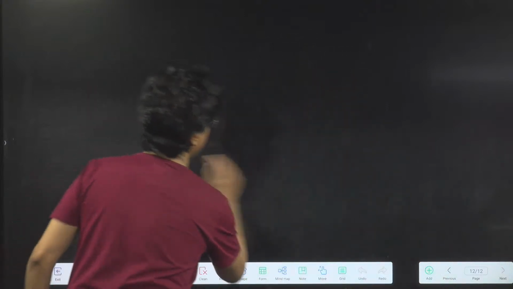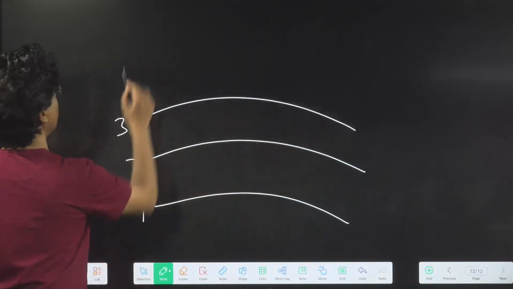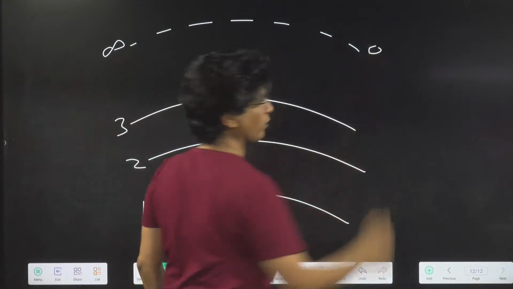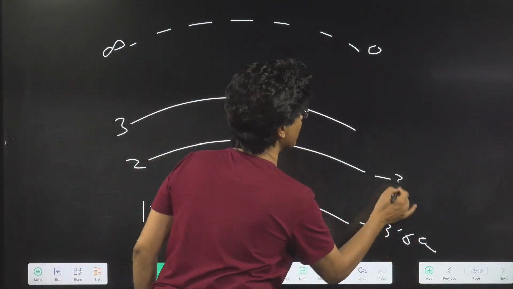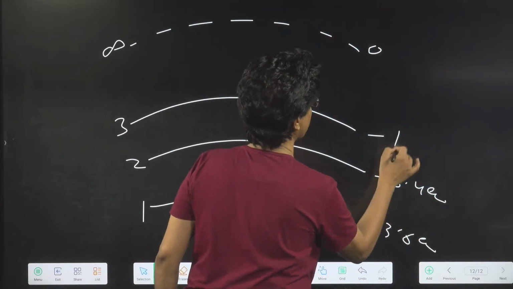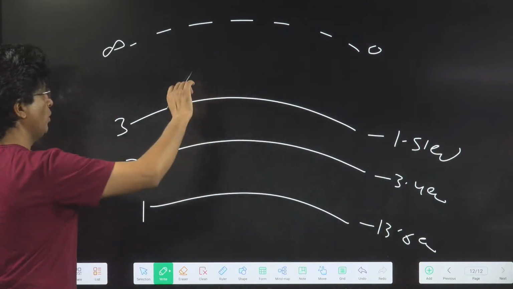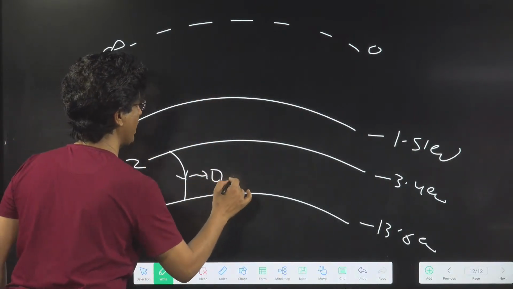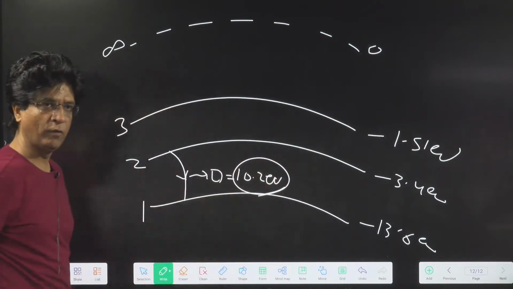See that this is orbit number 1, orbit number 2, orbit number 3, and orbit number infinity. Energy is here 0 electron volt. Here it is minus 13.6 electron volt, minus 3.4 electron volt, and minus 1.51 electron volt. If an electron falls from 2 to 1, it will emit a photon of energy 10.2 electron volt.